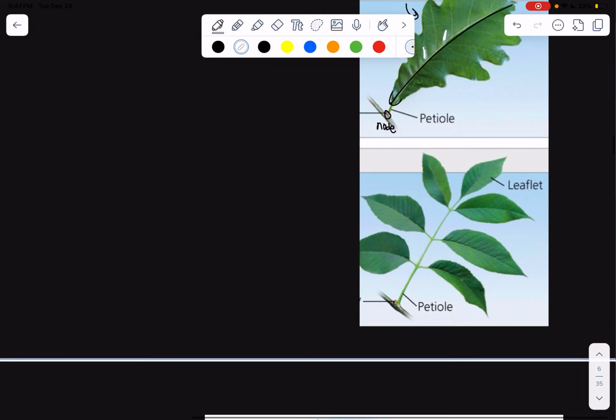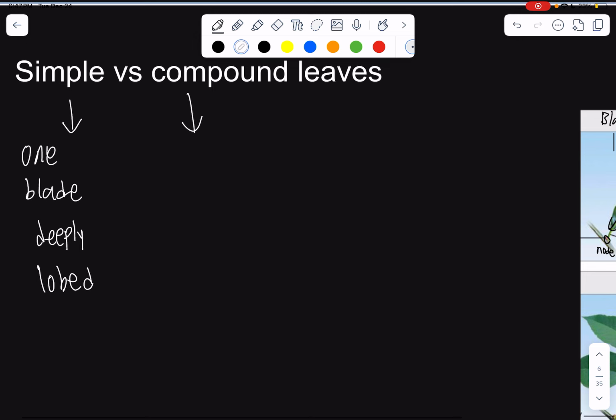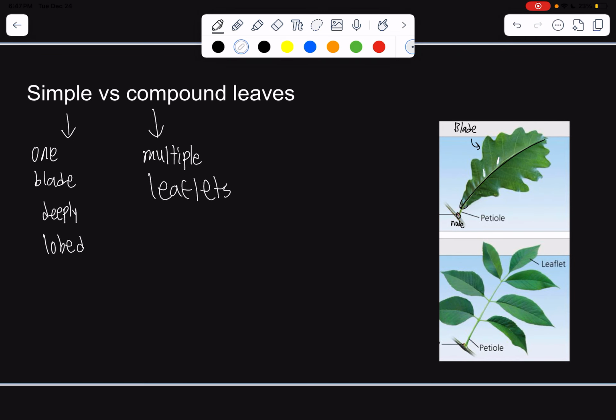Now, compound leaves, in contrast, have many different separate leaflets. These leaflets allow for potentially more sunlight gain, more carbon dioxide gain, but really the difference is just that compound leaves have multiple leaflets at the end of each petiole. And a leaflet has no axillary bud. This is important.